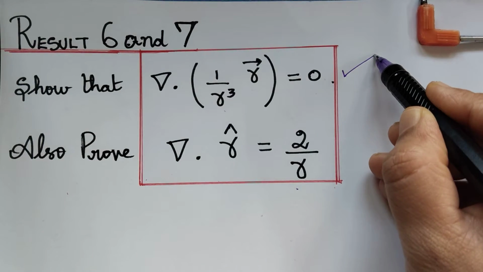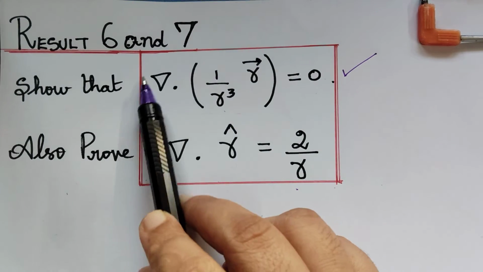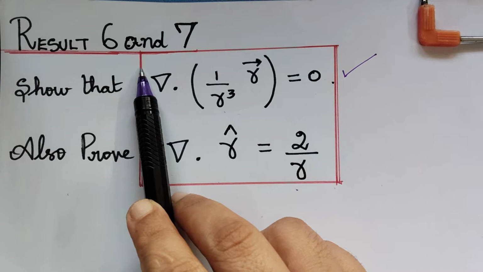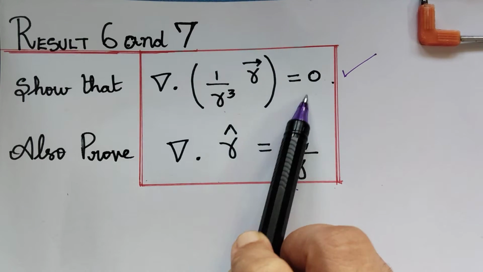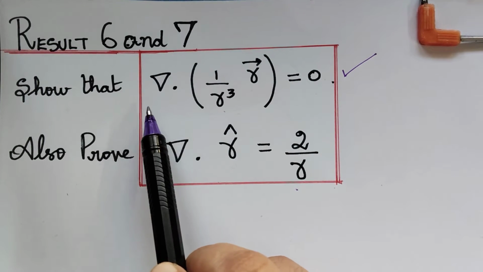First, we will prove result 6. In order to prove this result, first we should write one of the vector identities which we have already studied.